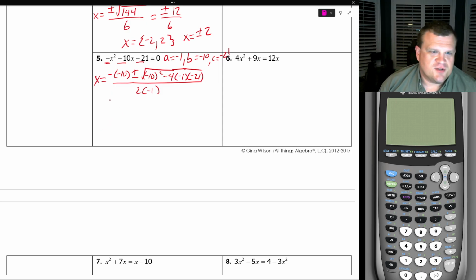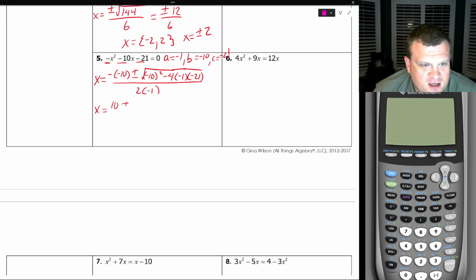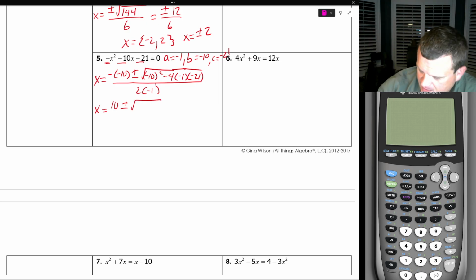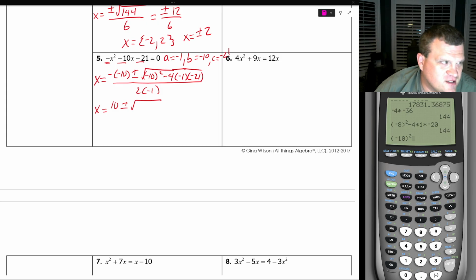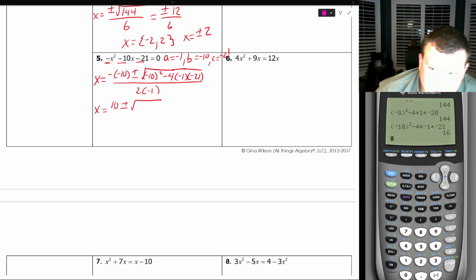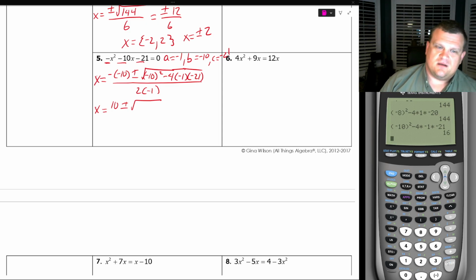The negative times the negative at the lead becomes +10. Under the square root, -10 squared is 100, minus 4 times -1 times -21, and that whole business comes out to 16.